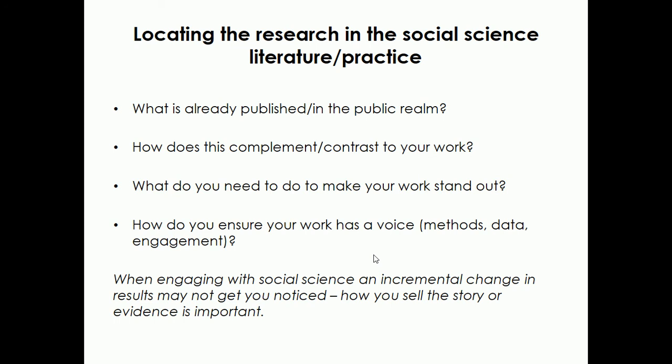So again, things that we're all fundamentally aware of when we are undertaking research: what's already out there, what's being published in the academy, and what's available in a policy or public context, because this could shape how we approach an idea. It could identify a research gap for us, and we'd hope that our work would complement or add new information to a debate.